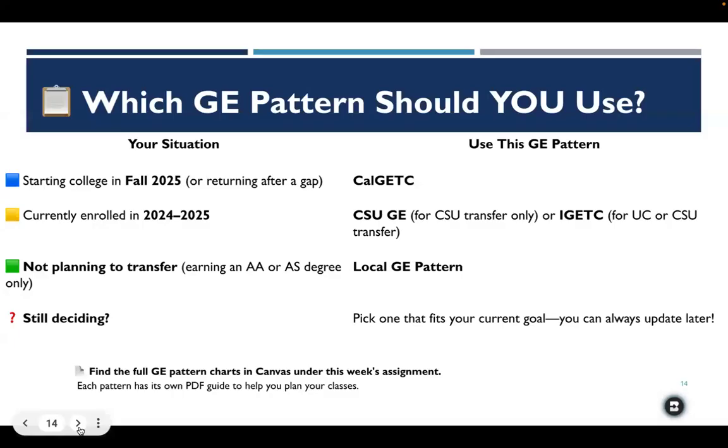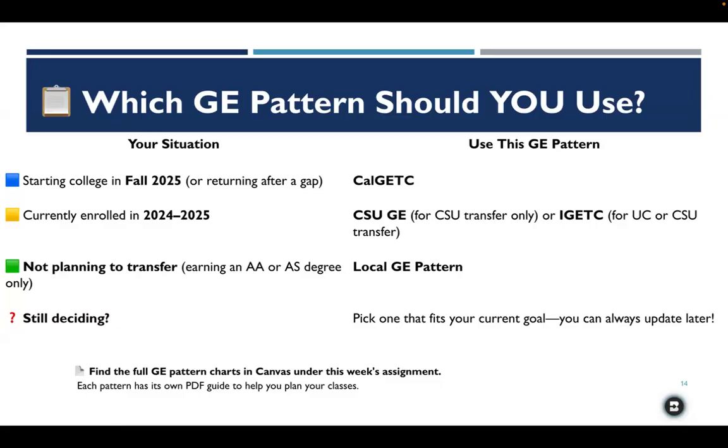One of the things that you're going to do is decide which general education pattern you should use. And I think on my next slide, I have an example of something called CalGETC, which we'll get into in a second. But I wanted to share this slide because there are some things that are changing starting in fall 2025.